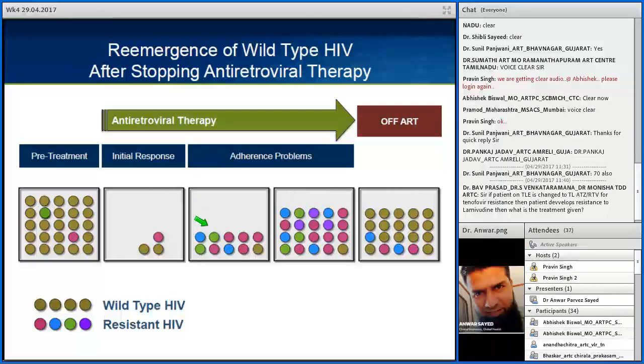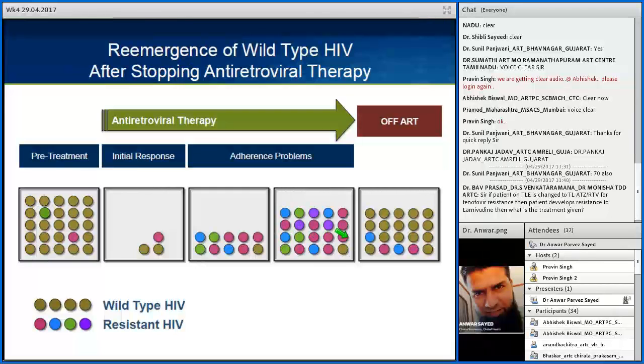Patient is not taking ART properly, so you are still giving ART. Because of your ART, the wild type virus is under control, because this is a responsive virus. This virus is responding to the treatment which you are giving. But the other viruses which are resistant, their number is increasing here. So more the adherence problem, more resistant strain will go on increasing.